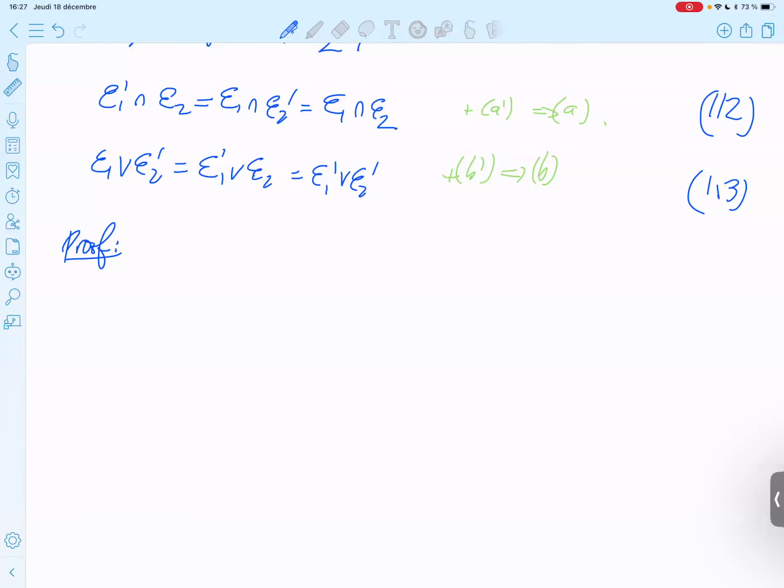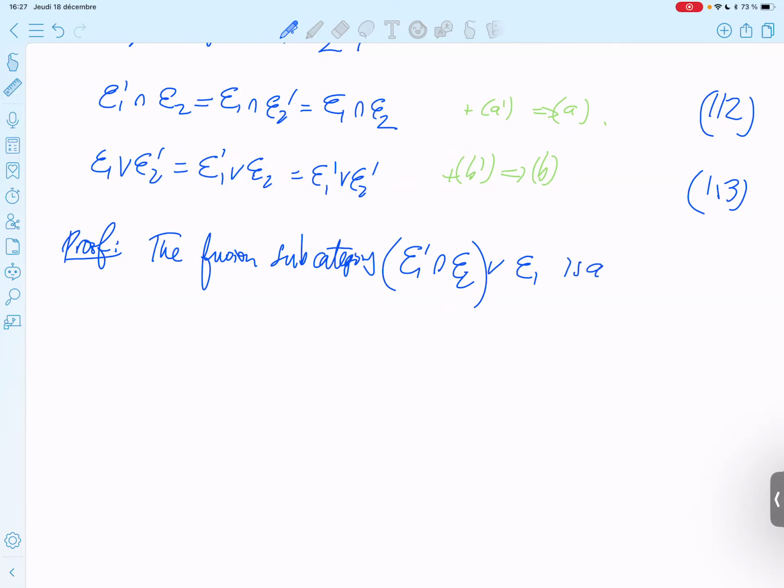Okay. So first observe that the fusion subcategory generated by E1 and the intersection of E1 prime and E2 is a Tannakian subcategory of the subcategory generated by E1 and E2.